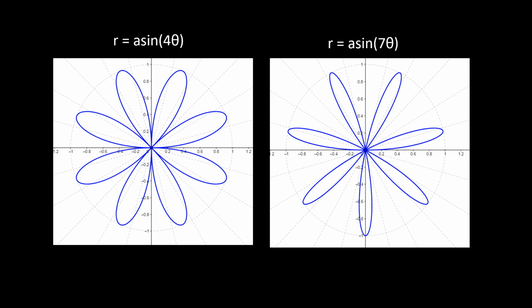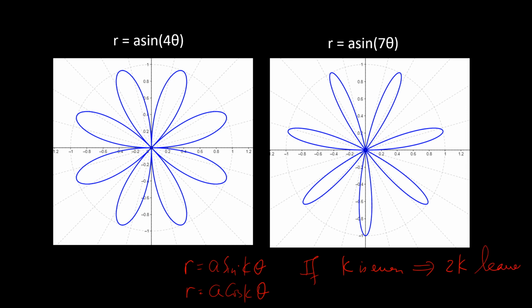So we can make a generalization that for r equal to a sine k theta, or r equal to a cosine k theta, if k is even, then there will be 2k leaves. But if k is odd, there will be k leaves.